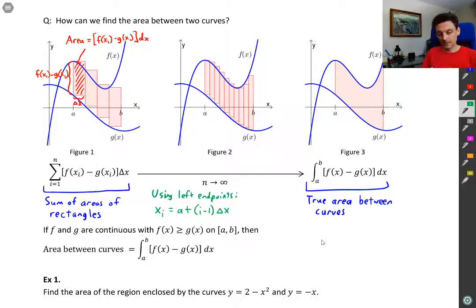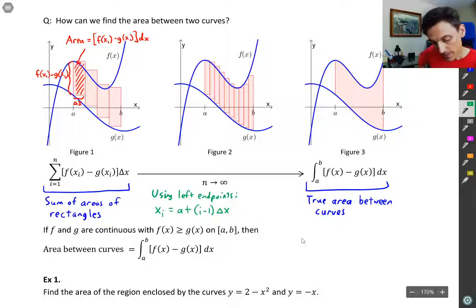So essentially, when i is equal to 1, when you're looking at that first x value, you want to be plugging in a right there, the start of your interval. And that's what happens here. If you plug in i equals 1, there's no delta x added to that. You just get a. But then as i increases, you're going to add another delta x and another delta x, and that's going to skip you from one x value to the next x value, because the x values are a delta x apart from each other.